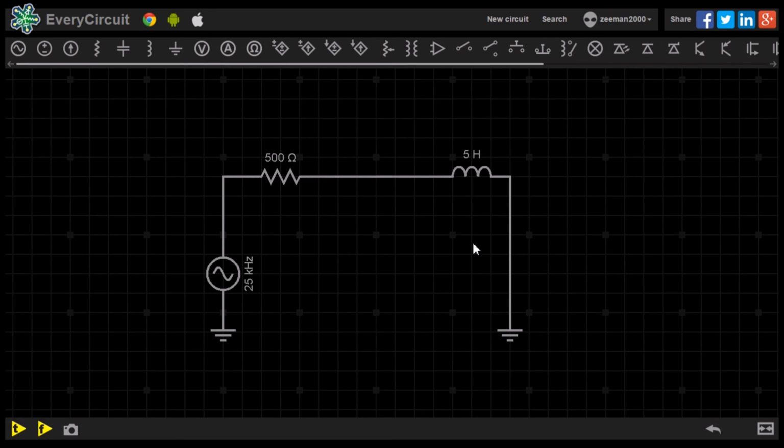Inductor reactance is represented in an equation with the letters XL. In this sample circuit, we have a 25 kHz source, 5 volt peak to peak AC power supply, a 500 ohm resistor, and a 5 Henry inductor.